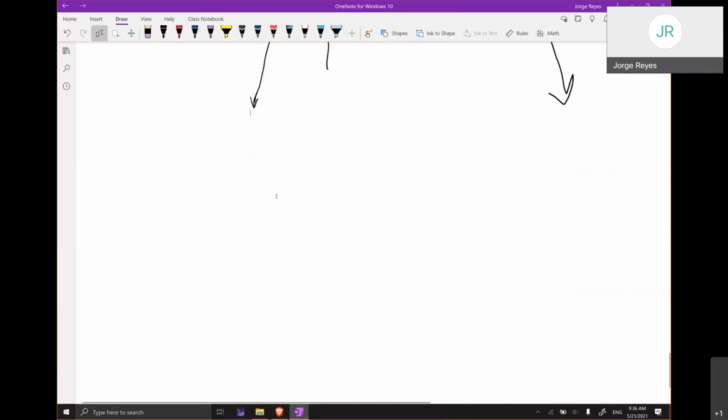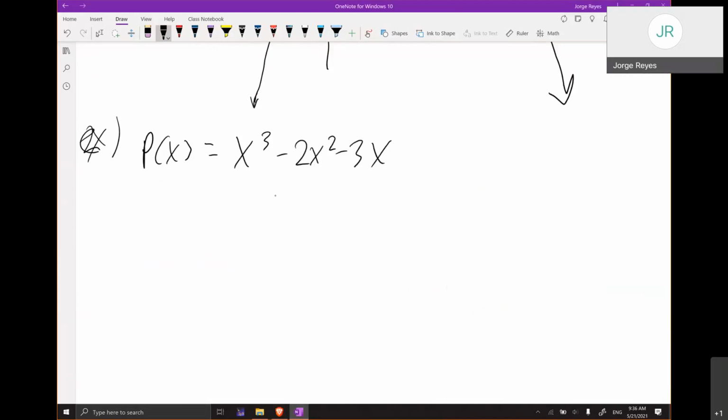Now, let's make it even a little bit harder, but at least prettier. So for this example, we're just going to give you this. Now step 1 is more complicated, because now I have to find the zeros.